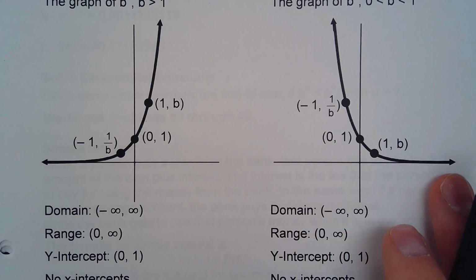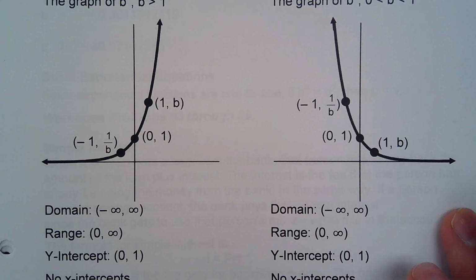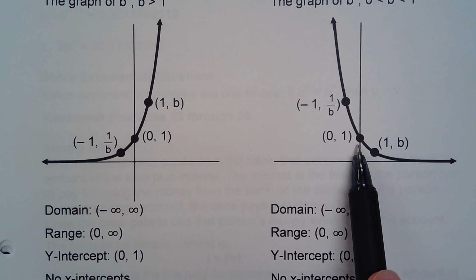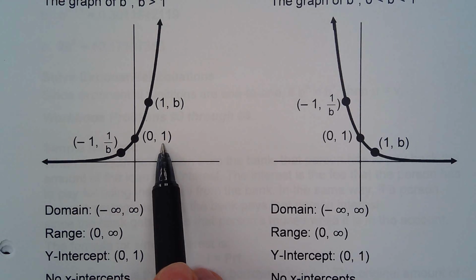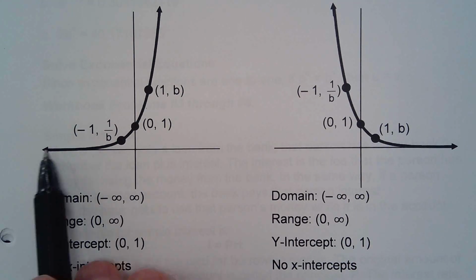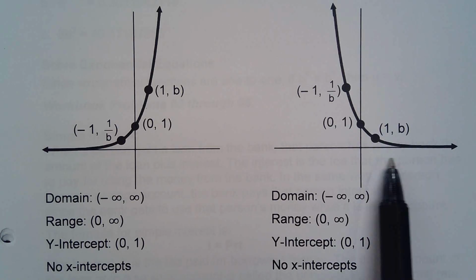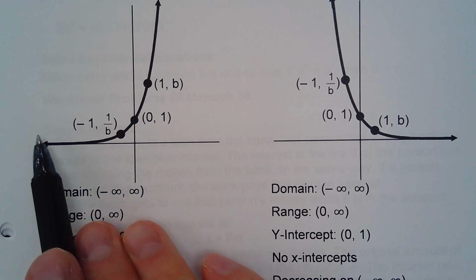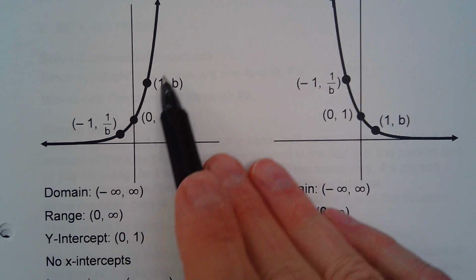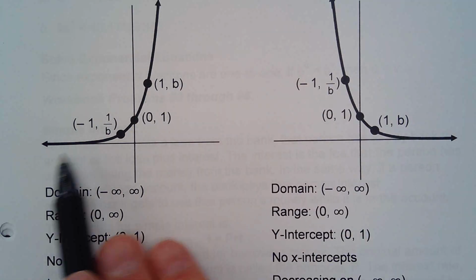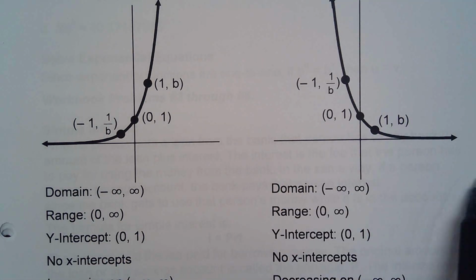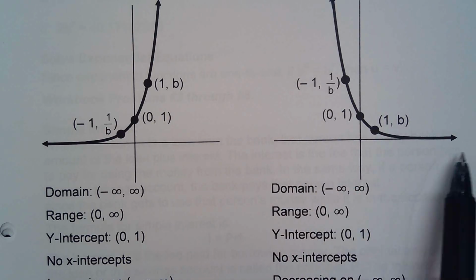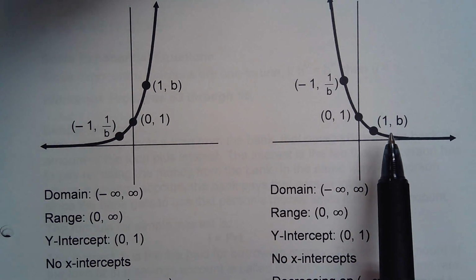The range is the positive real numbers. They have a y-intercept of 0, 1. There are no x-intercepts. It gets really close to the x-axis, but never hits the x-axis. This one is increasing, so we say this is an exponential growth function. This is decreasing. This is called an exponential decay function.